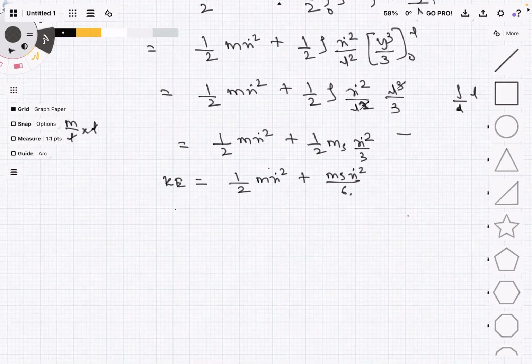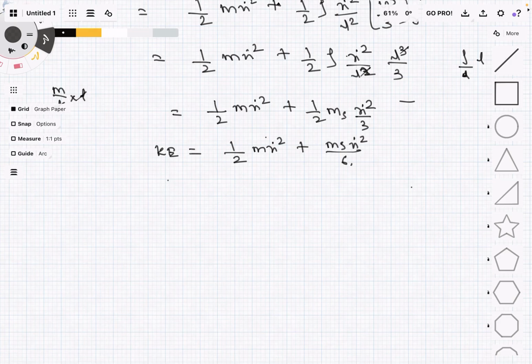Okay, so what will be the next term? Potential energy, only for the spring, we need to write it. So it will be half into k into x square. Now if I put all the terms in the energy equation, that is d by dt of kinetic energy plus potential energy should be equal to 0.